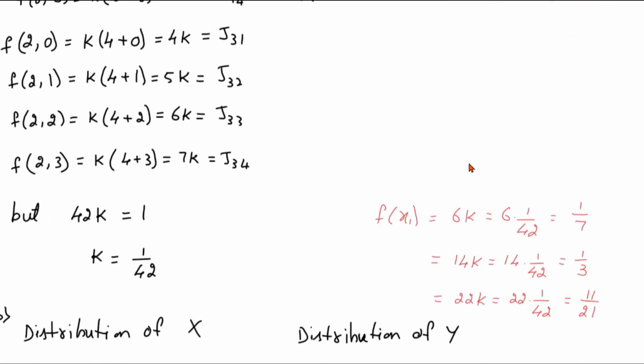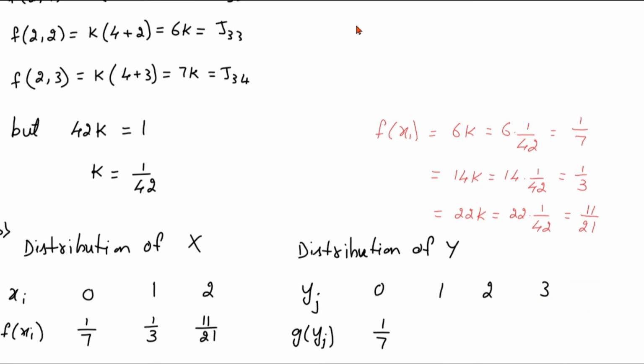So for the 9k value, if you want to evaluate it, g of yj is equal to 9 times k, which is nothing but 9 times 1 by 42. You'll get 3 by 14. Similarly, the next value of g of yj is 12k.